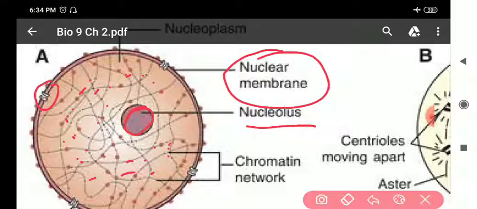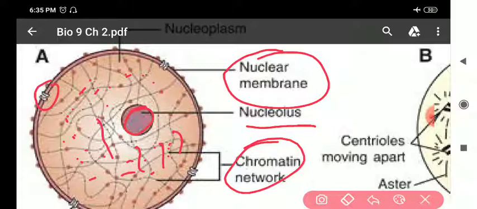Clear? Then in the diagram, my dear students, you can see some thread-like structures. These thread-like structures are known as chromatin fibers. During cell division, these chromatin fibers get condensed to form the chromosomes.